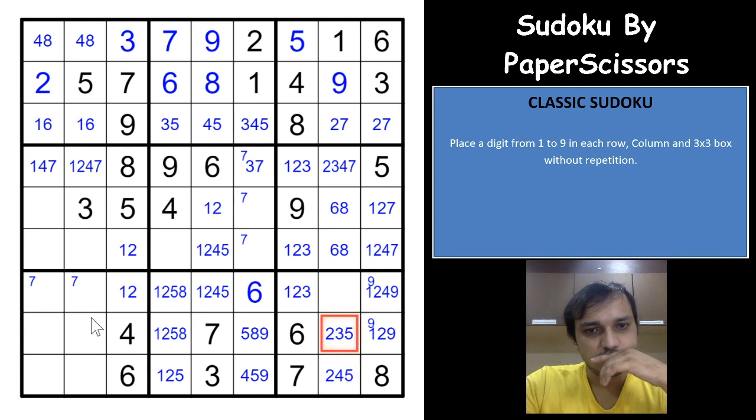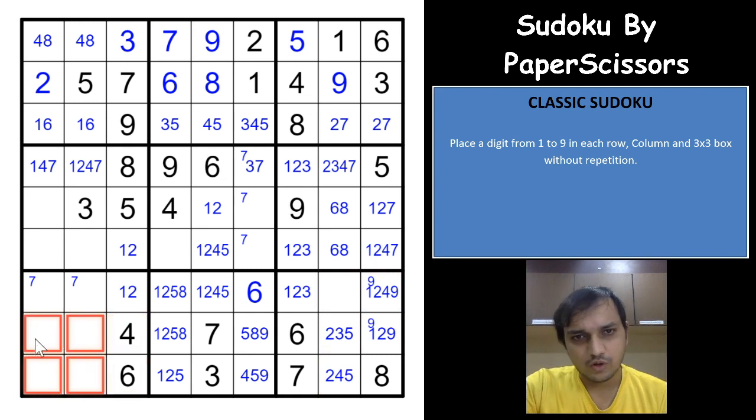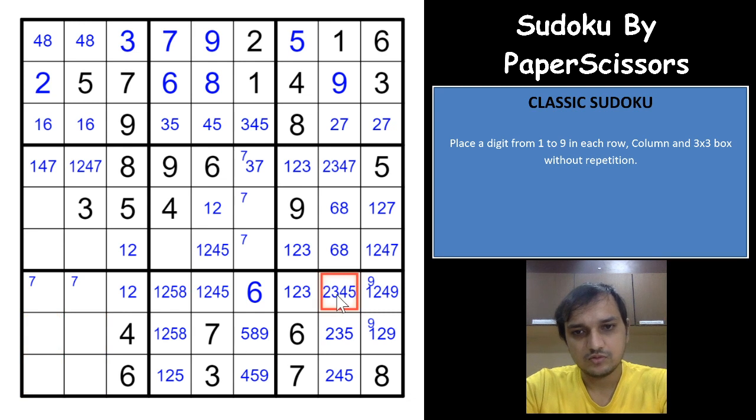Okay, but I don't think you would require anything here, because most of these cells would have 5 or more candidates. No. 2 3 4 and 5. 1 2 3 4. You need one more cell, 1 2 3 4 5.